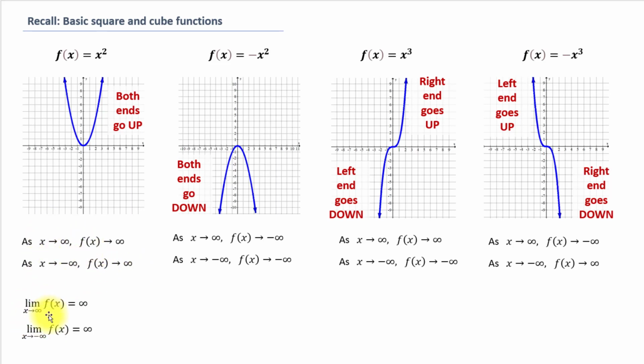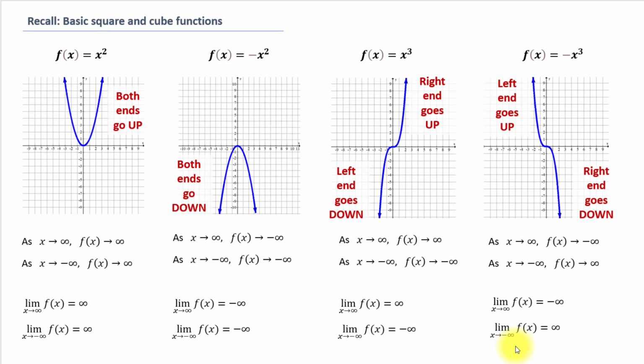So hopefully you see the connection between those two. It's just instead of writing this part with the arrow representing the word approaches, we use the limit notation. At this point, you might want to pause the video and try to figure out if you can create the rest of the descriptions using the limit notation. And here are the answers.